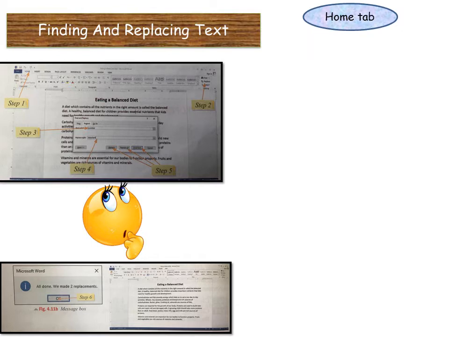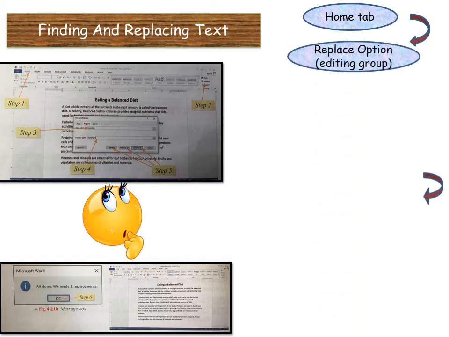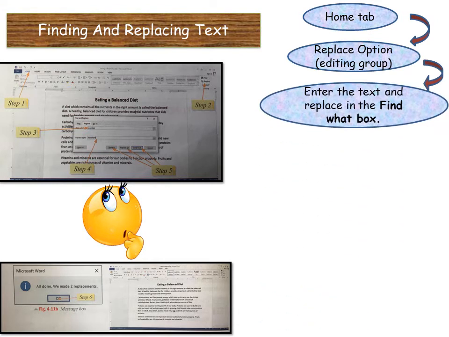First, click on the Home tab. Then, click on the Replace option in the Editing group. The Find and Replace dialog box will appear. Then, enter the text to replace in the Find What box.